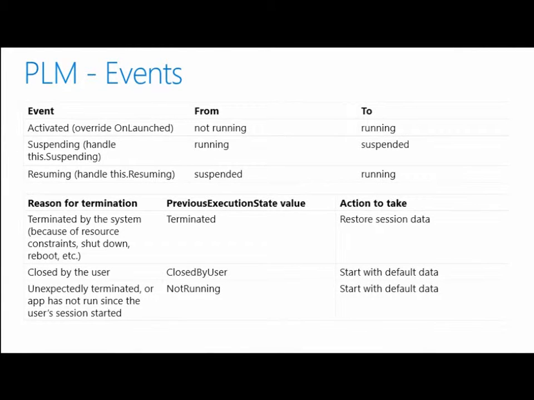So you handle this.suspending on app.xaml.cs to typically save some data. In this case, to save the data you need to ensure your user gets back to the state he was in before.